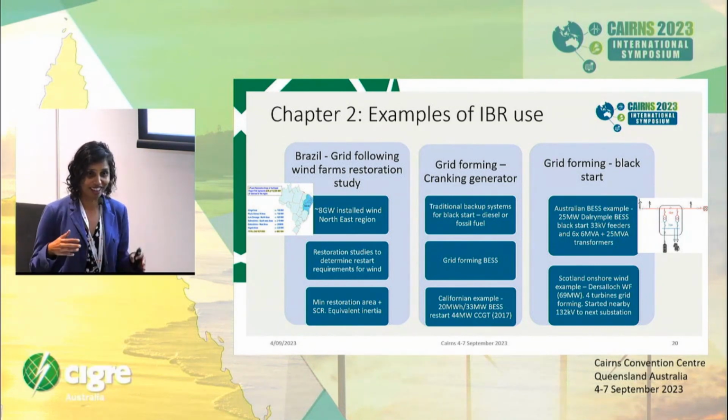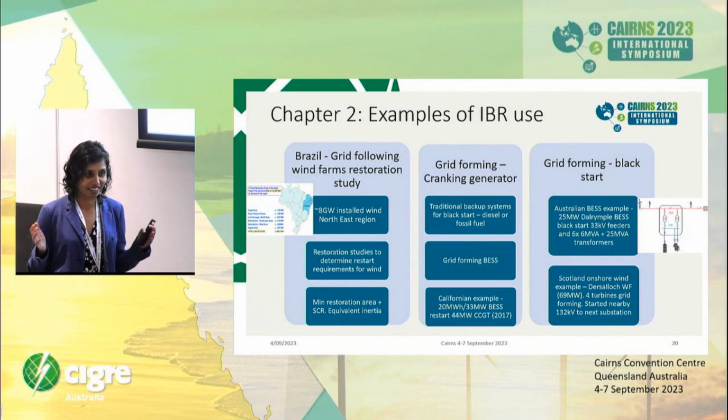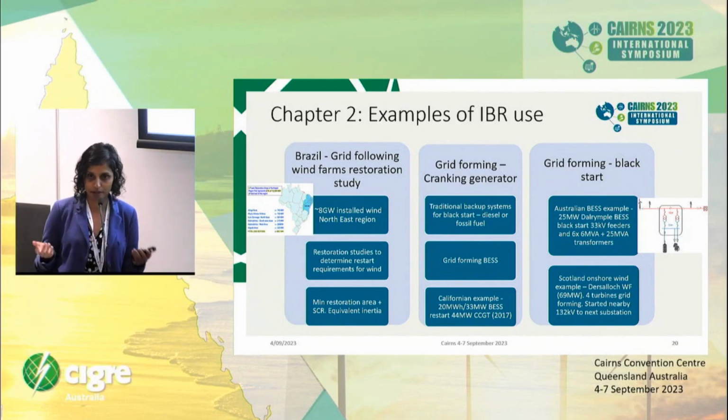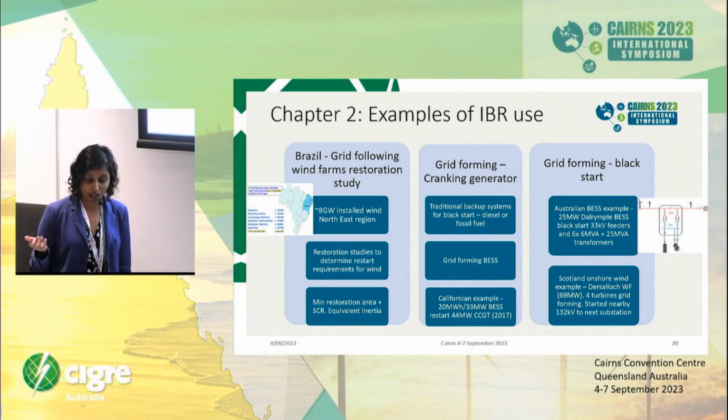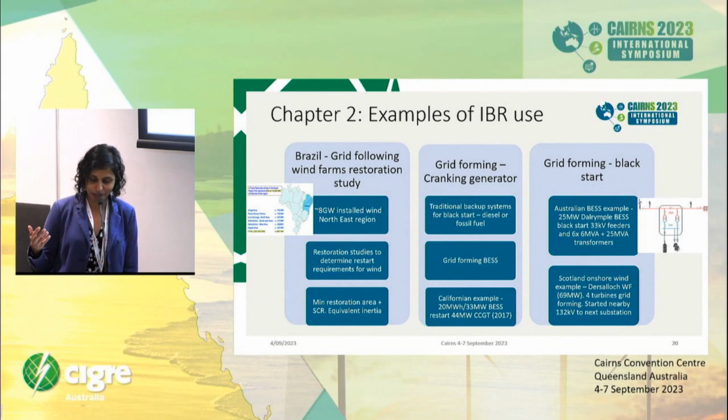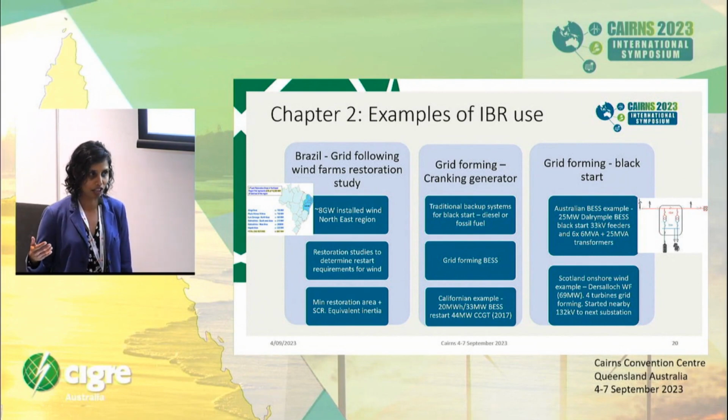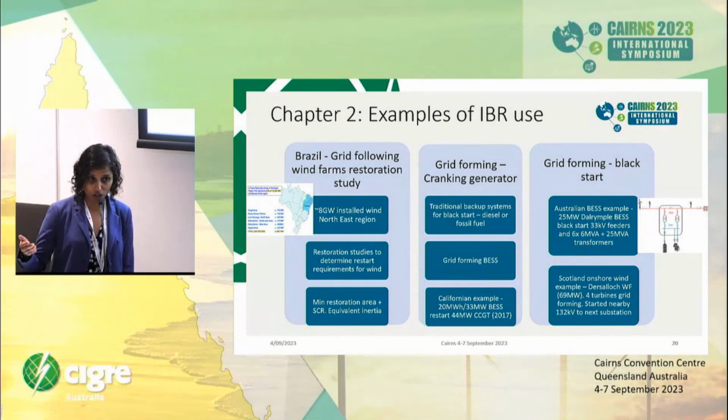Whilst Babak has highlighted this hasn't been used in reality during a real blackout event, there have been control tests of this. The Dalrymple BESS battery has been able to restart the nearby distribution network, and also soft start its own transformers and the substation transformer, and it's done that on its own.